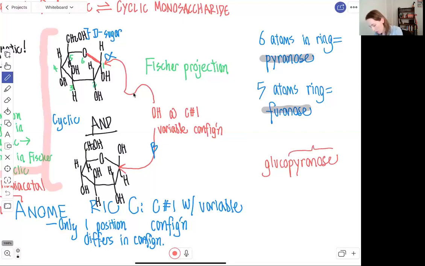So pyranose refers to the 6-atom ring, and that differentiates this structure from the open chain form of glucose. The gluco part there indicates that this is derived from glucose.